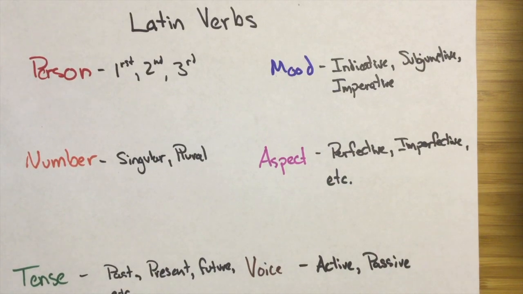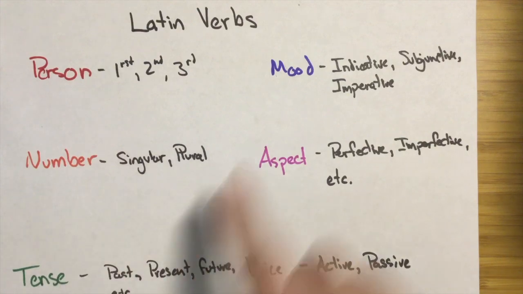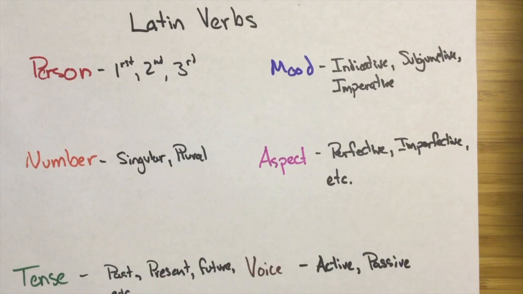And so it's really important that you get that now, because verb forms will be radically different from each other in Latin, and they'll have much more variation than we have in English in terms of verb forms. So if you understand basically what these are, no need to write a dissertation on them or anything, just have a basic understanding of them, then you'll be able to understand Latin verbs really well.